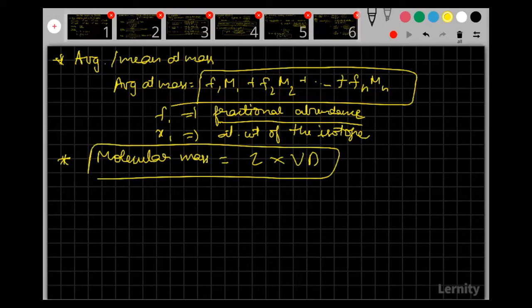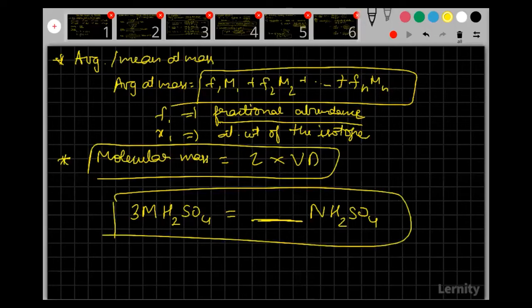Now the question for you all: if I have taken a 3 molar sulfuric acid solution, this will be equal to what normal of sulfuric acid? Try to answer this. 3 molar sulfuric acid solution is equal to how many normal sulfuric acid? Normality is temperature dependent.